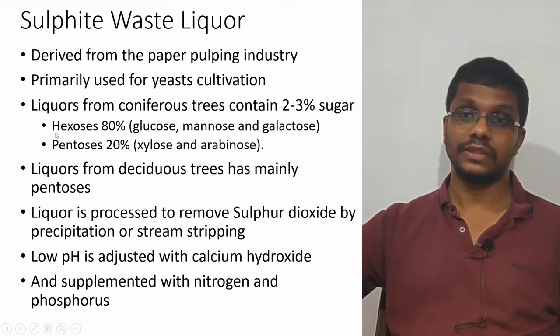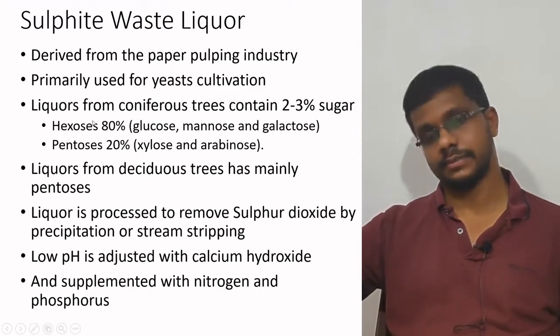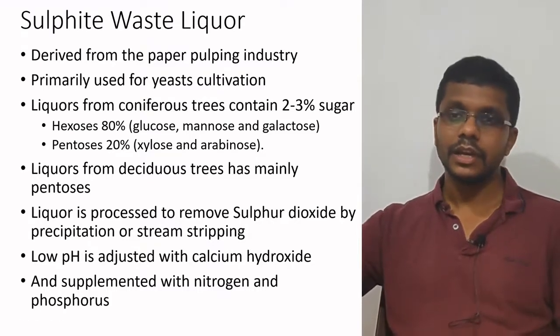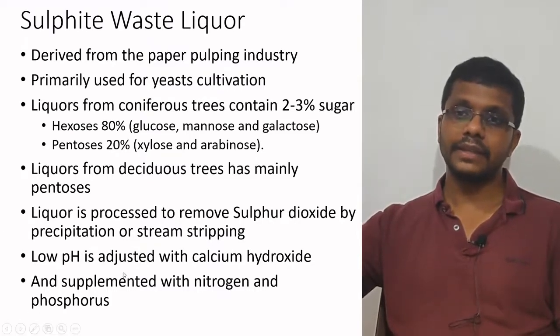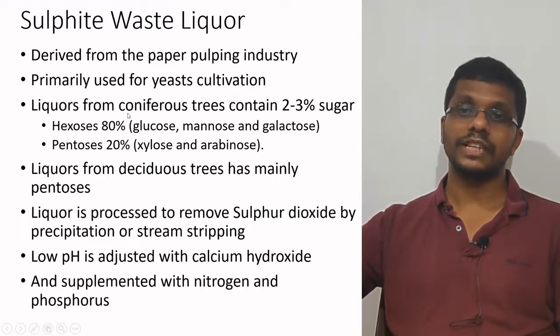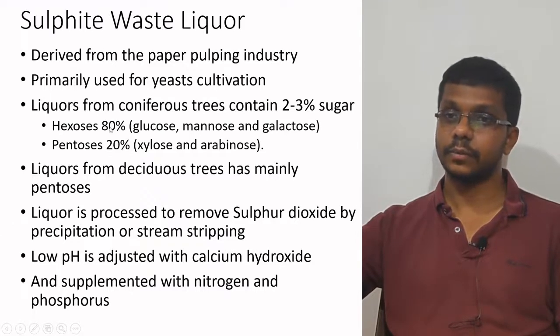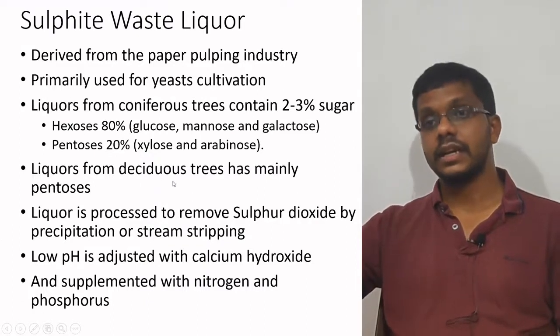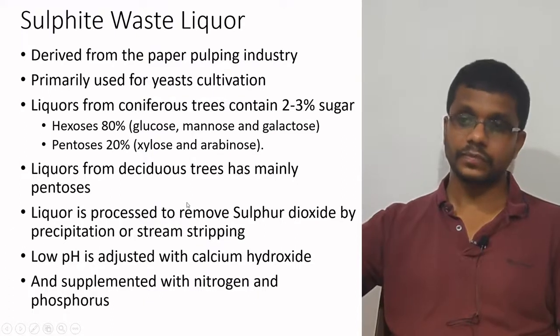As we know, hexoses are more common in biological systems. Pentoses are there, but not that common. But if the pulping is from deciduous trees, they mainly contain pentoses rather than hexoses. So the sulfate waste liquor originating from coniferous trees contains more hexoses, but that from deciduous trees contains more pentoses.